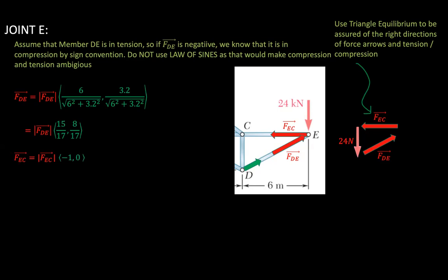FEC is equal to the magnitude of FEC times the unit vector along EC, and that is a unit vector pointing at (-1, 0). The 24 kilonewtons is equal to (0, -24). As you see here, that's the vector.